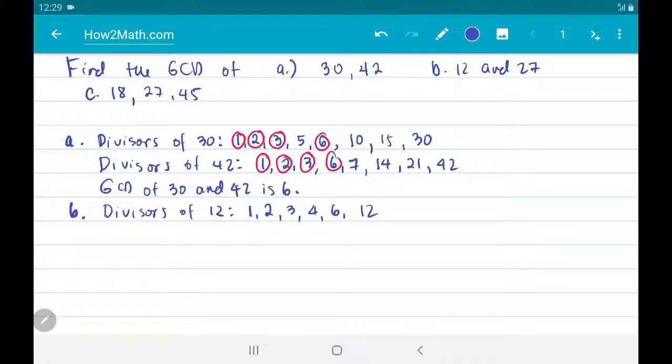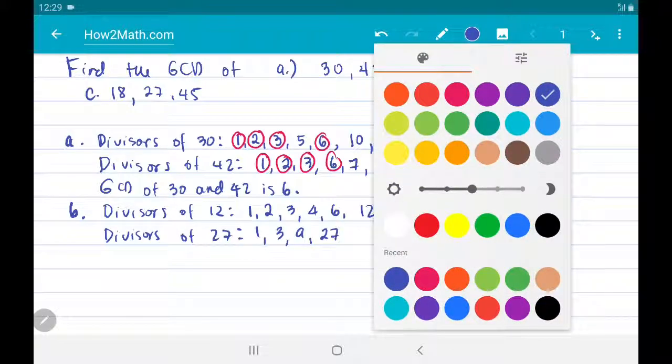What about the divisors of 27? We have 1, we have 3, we have 9, and we have 27. So what's the greatest common divisor? I think we only have 3, right?